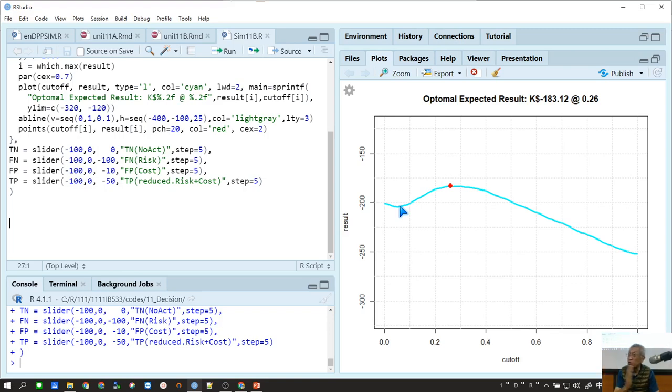You can move the threshold, right? The higher the threshold, the fewer people that we will take action on, right? So at what threshold would we determine to take no action at all?